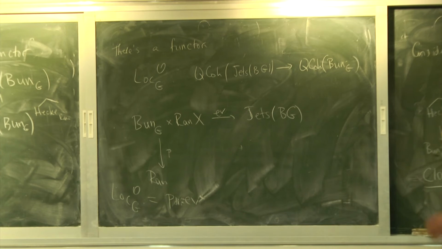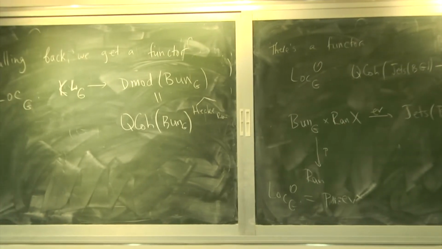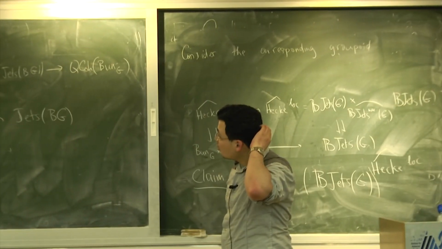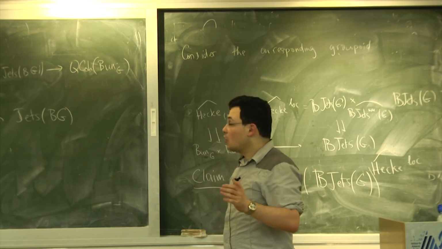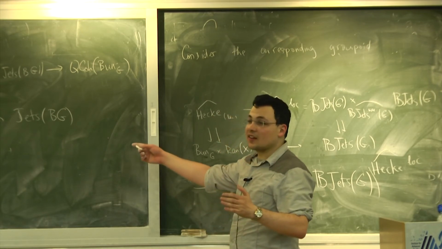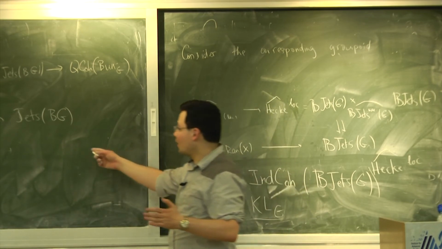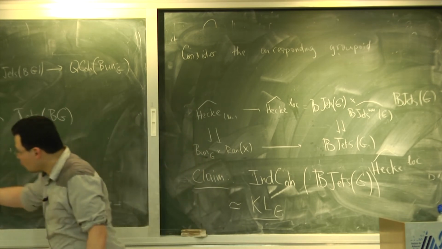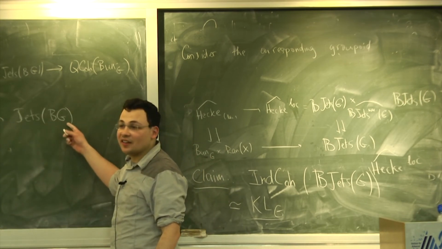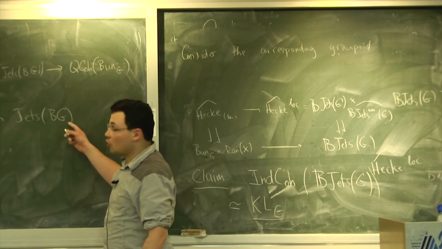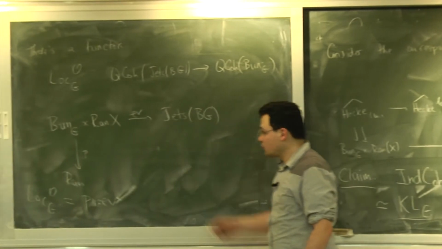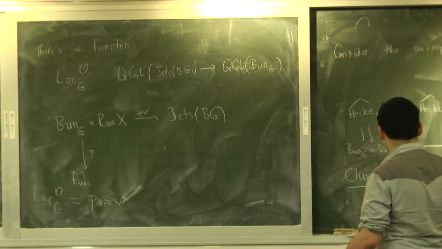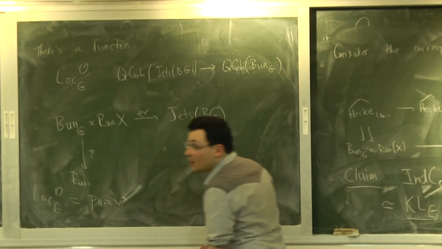Question? Can you comment a little bit now on the analogy with the upper right part on the Galois side? So yeah, this should look exactly like the diagram I wrote down yesterday for Rep G check going to quasi-coherent sheaves on local systems, and it sort of deforms to that.